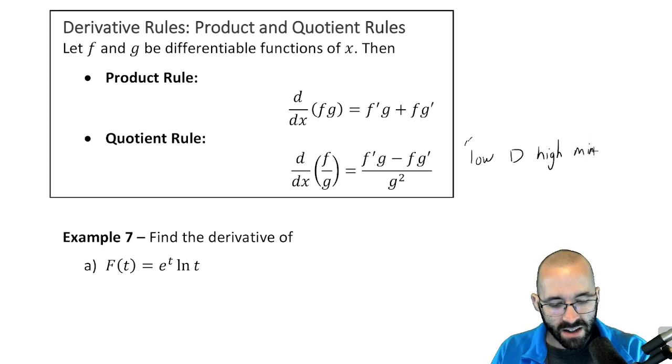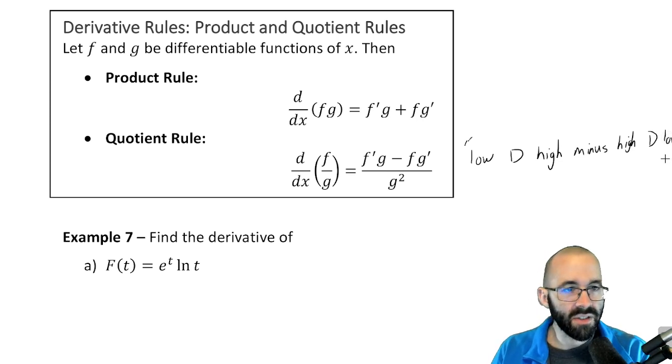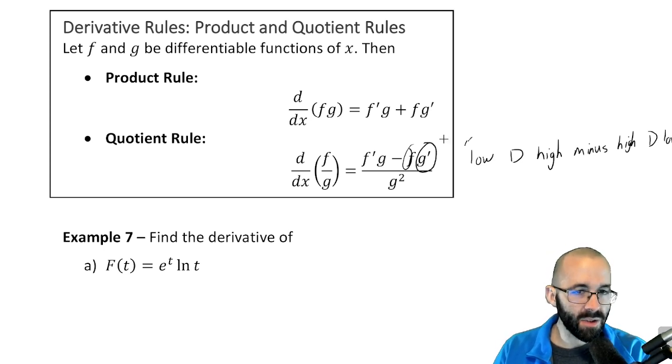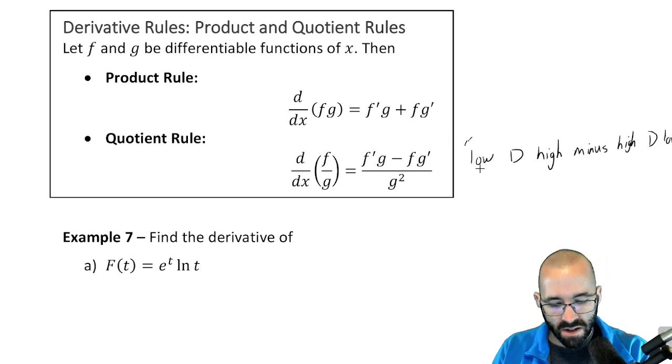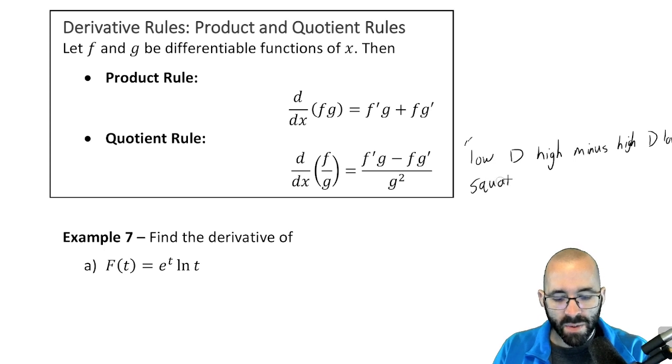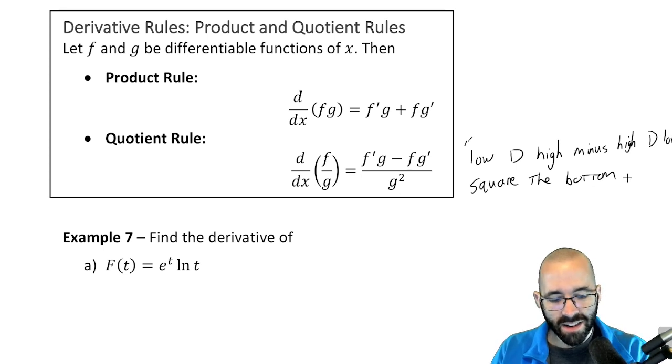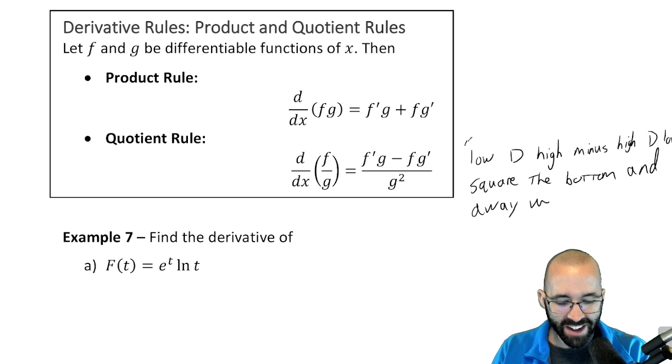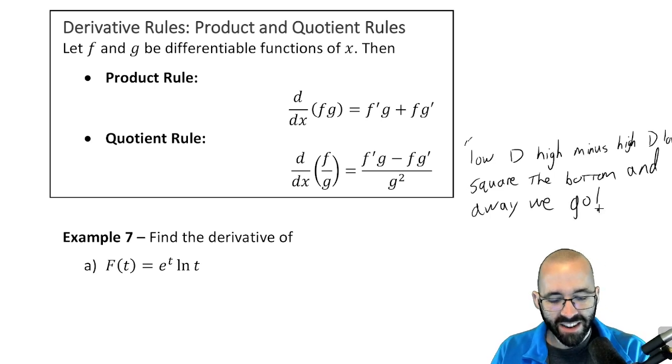Low D high minus high D low, the top function times the derivative of the bottom function. Square the bottom. That's g squared. And away we go. How fun. Because you have to simplify after that.